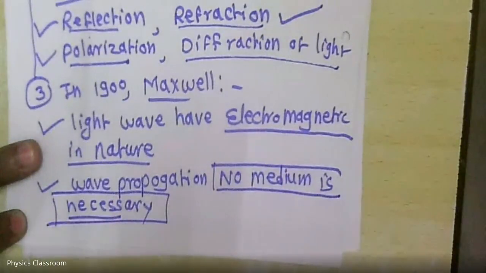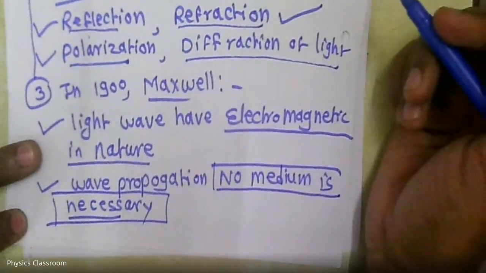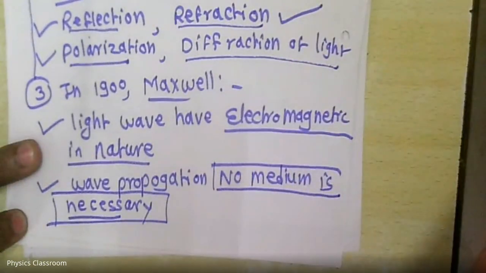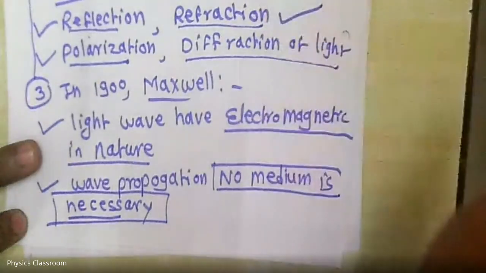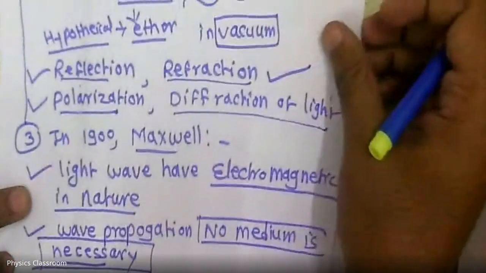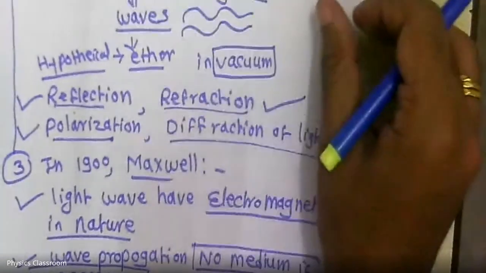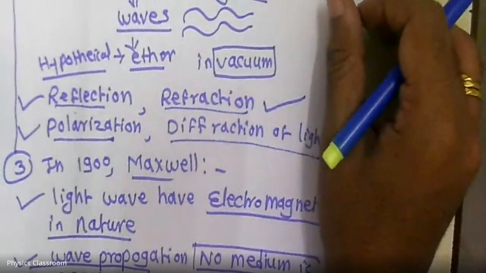Electromagnetic waves travel everywhere, in the earth's atmosphere or outside it, so there is no necessity of a medium.